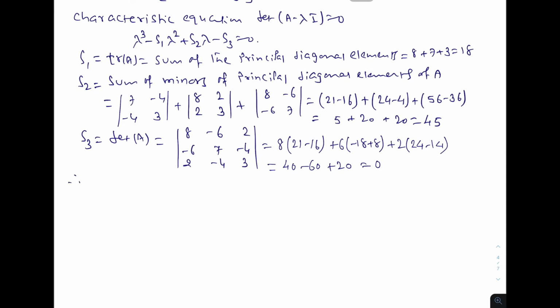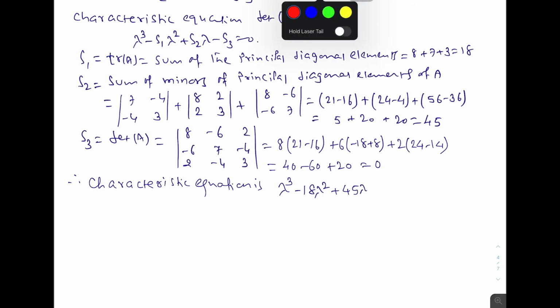So the characteristic equation is lambda cube minus S1 lambda square, and S1 is 18, so minus 18 lambda square, then plus S2 lambda, S2 is 45, so plus 45 lambda, and S3 is 0, so this is 0.